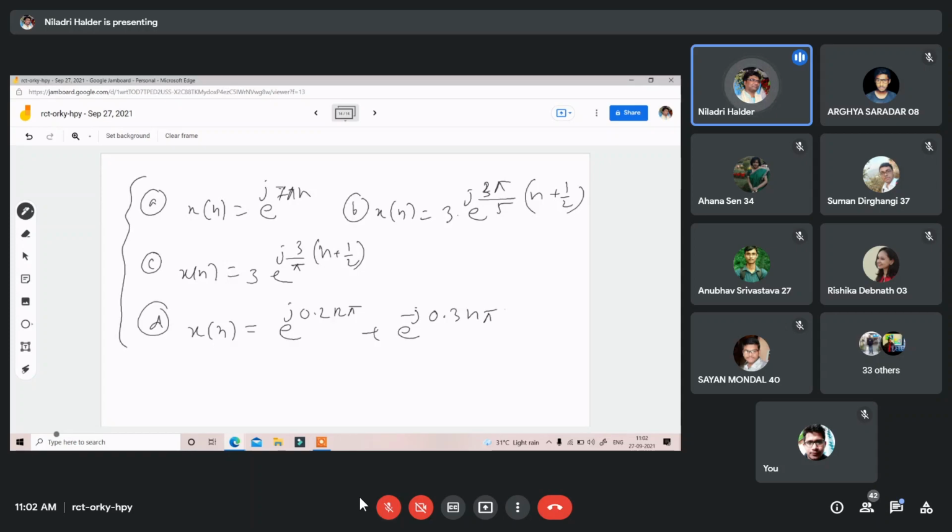For these four different signals, you need to calculate whether it is periodic or not. If this is periodic, then what is the value of fundamental period? That you need to calculate. Just note it down.